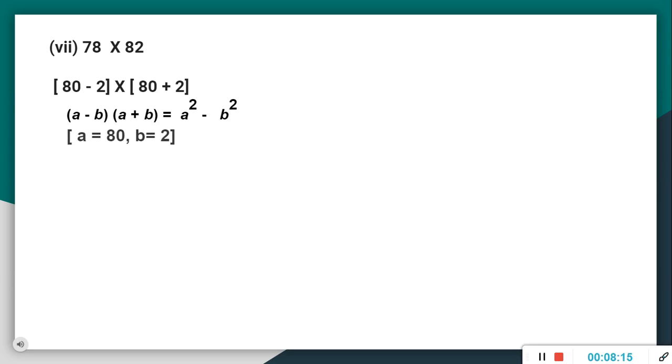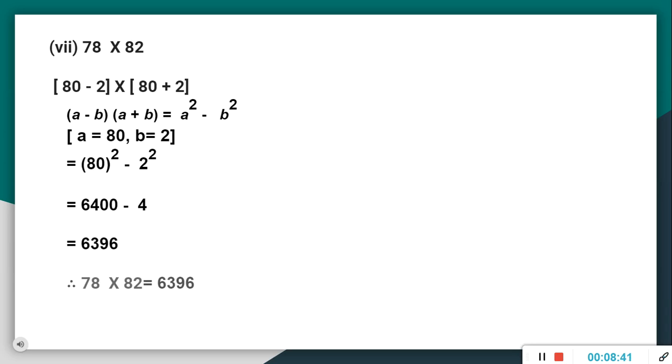Here a is equal to 80 and b is equal to 2. So a square, that means 80 square, minus b square, that is 2 square. So 8 8s are 64 and 2 zeros, so 6,400 minus 2 square, that is 4. So 6,400 minus 4 is equal to 6,396. So 78 into 82 is equal to 6,396.